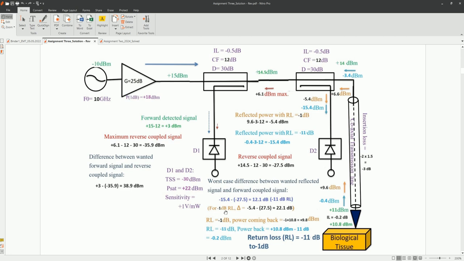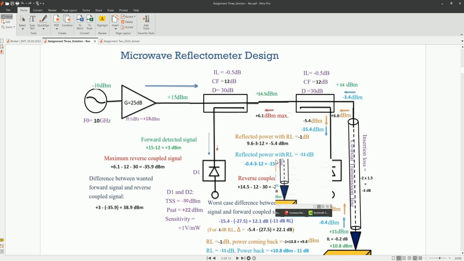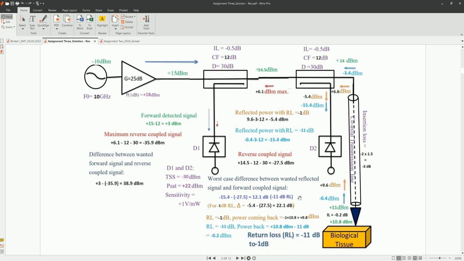And at minus 1 dB, it will be minus 5.4 minus minus 27, actually it's a mistake, it is minus 27.5, so we will be getting minus 5.4 plus 27.5, which is 22.1 dB now. Okay, so this is how we do the calculations for minus 1 dB and minus 11 dB here.